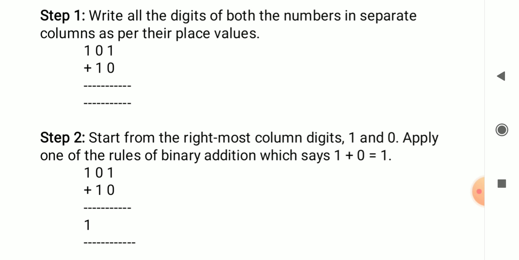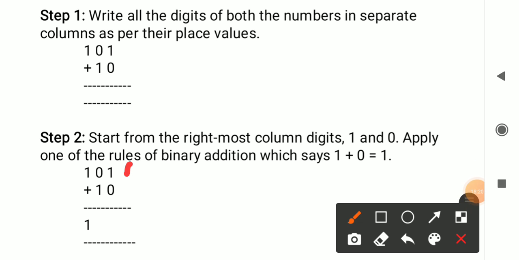Starting from the rightmost column, for the first number 101 the rightmost bit is 1, and for the second number 10 the rightmost digit is 0. Applying the binary addition rule, 1 plus 0 gives 1.